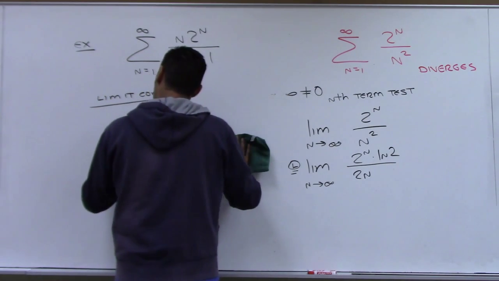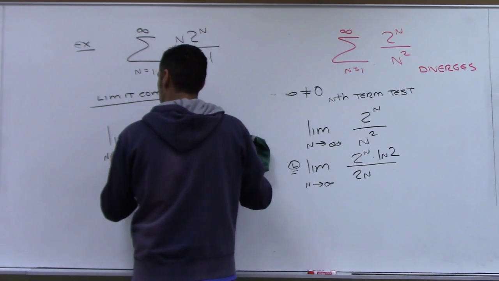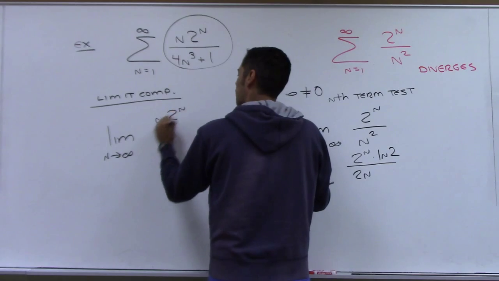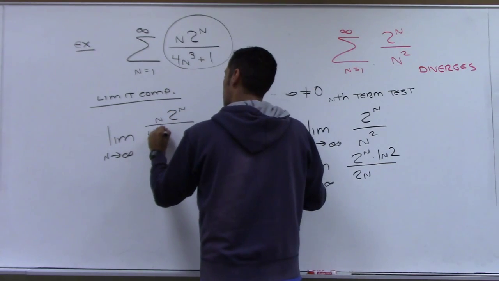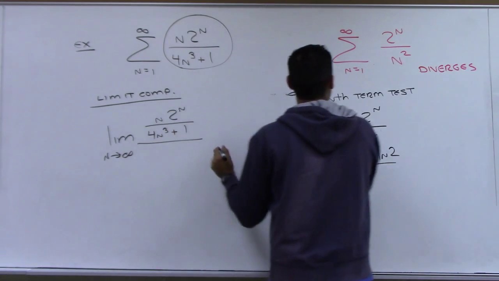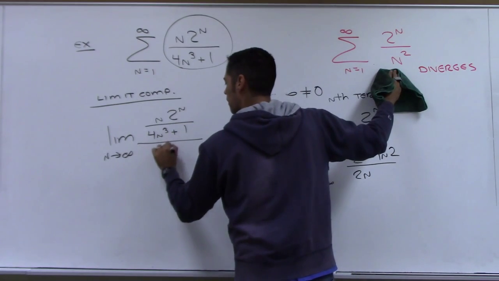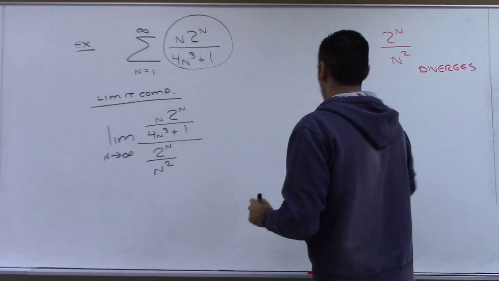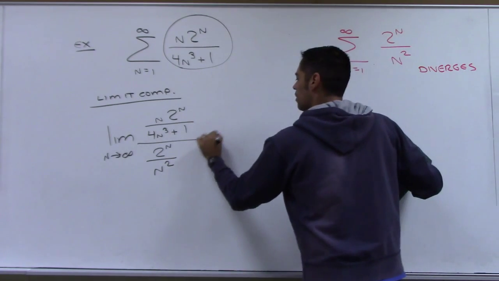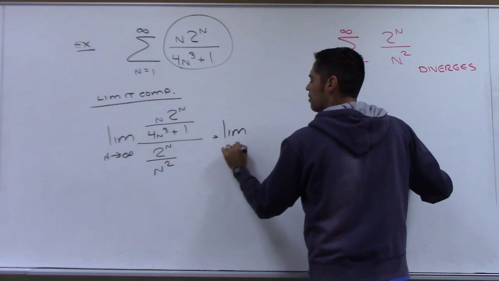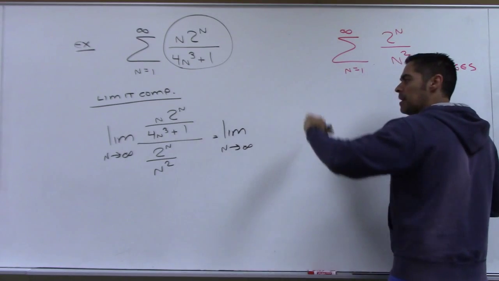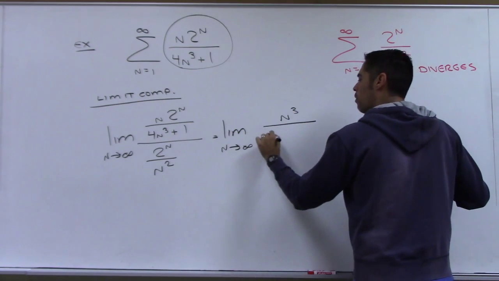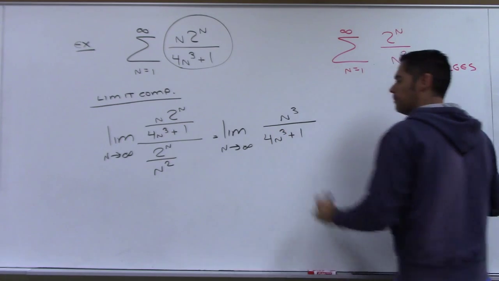I'm doing the limit as n goes to infinity of a sub n, which is this, over b sub n, which is this. When I flip and cancel, I get n cubed over 4n cubed plus 1.